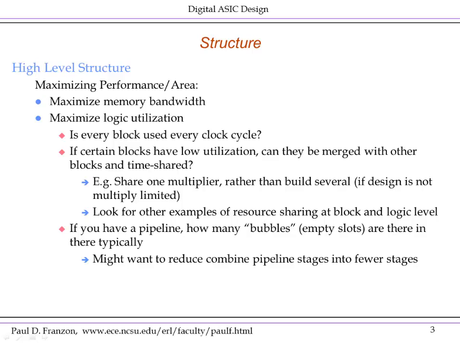So first of all, high-level structure. Very, very often at the high level, your most significant constraint is memory bandwidth, particularly if it's off-chip memory bandwidth, particularly if it's to DRAMs. This fundamentally limits the performance of your system by what the technology gives you in terms of memory bandwidth.